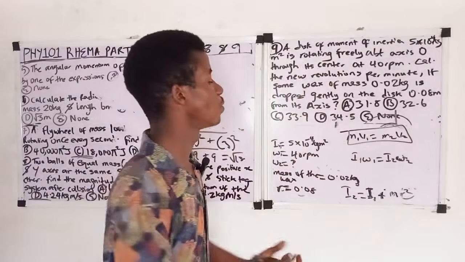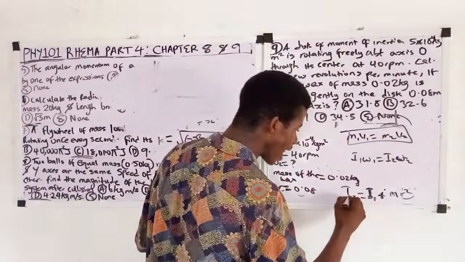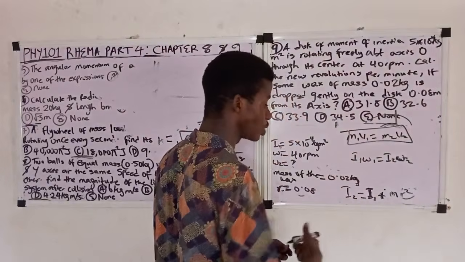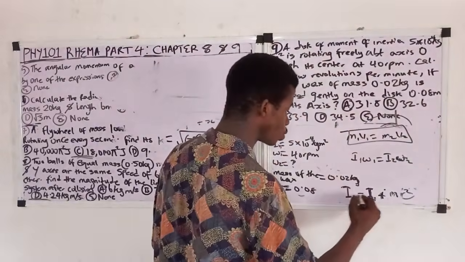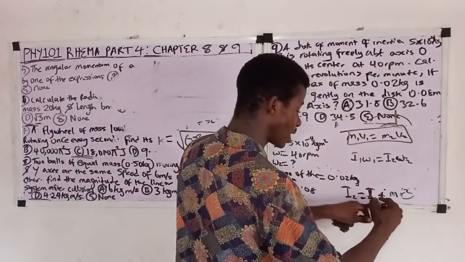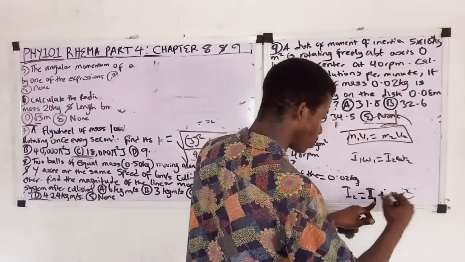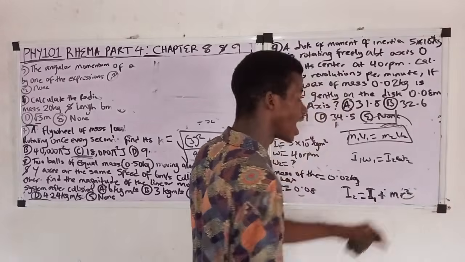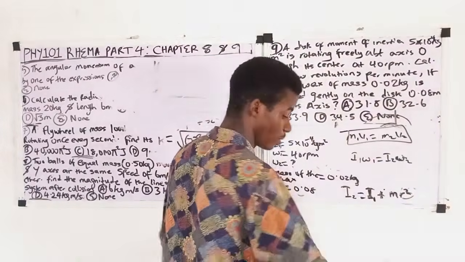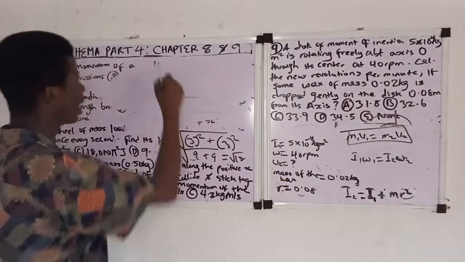So I2, the moment of inertia after the wax was dropped, will be the initial moment of inertia plus the moment of inertia caused by what has been dropped.